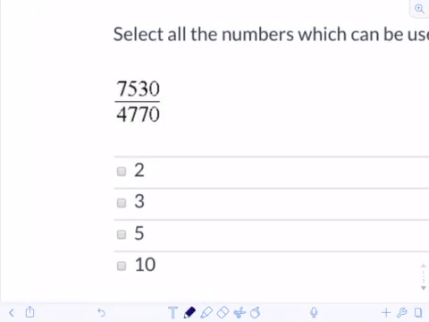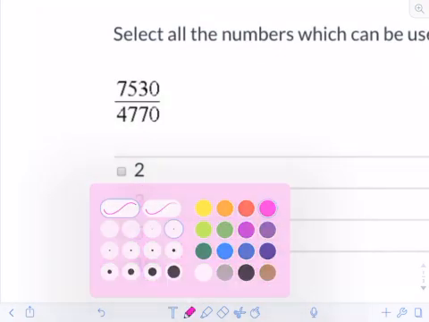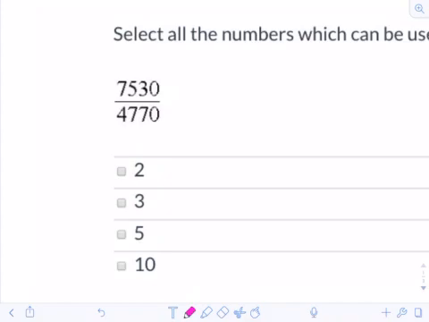Hey, we just talked about a number ending in 0, so I can just start from the bottom now. So, for 10s, it has to end in a 0. This ends in a 0, and this ends in a 0. They both have to end in a 0. So therefore, I can check off the 10 box. In fact, I can look at this again and say, wait a second. If it's divisible by 10, it has to be divisible by 5 and 2.